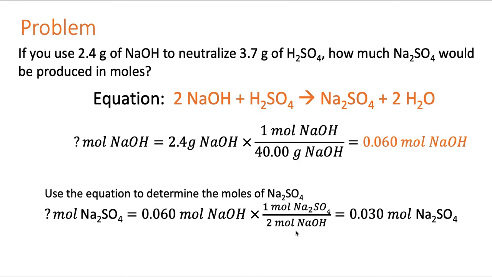Do not skimp or get lazy on it. Write out not just the units, but also the compound. That will help keep track. So my moles of NaOH cancel out, and I'm left with moles of sodium sulfate at the top. So I will make half the amount, 0.03 moles of sodium sulfate, if all of that 0.06 moles of NaOH is used up.